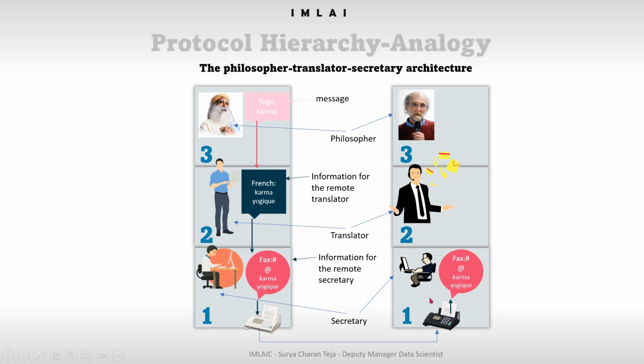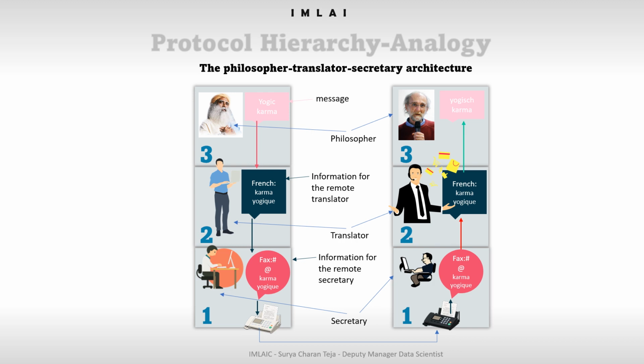So now what this secretary is going to do is pass that message to the local translator, which is in French. Then layer 2 of host 2 is going to translate that and pass it across the 2 by 3 interface to the second philosopher.